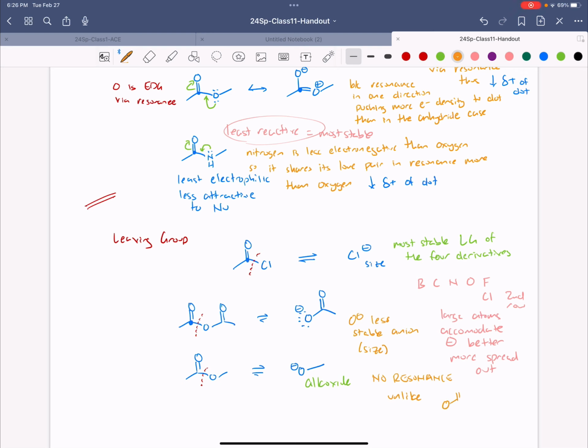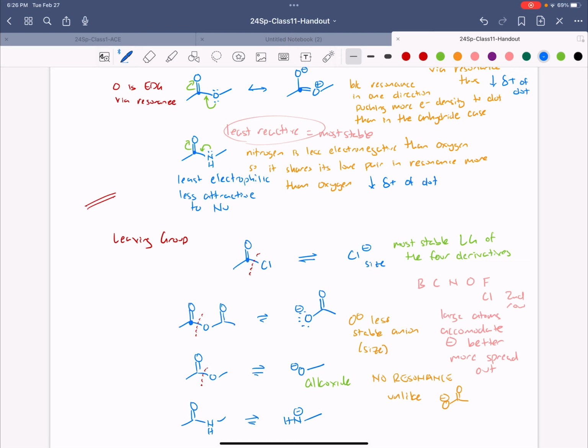Last and not least, for sure, the amides. Now we're comparing atoms that are in the same row. And what do we say there? You use electronegativity.